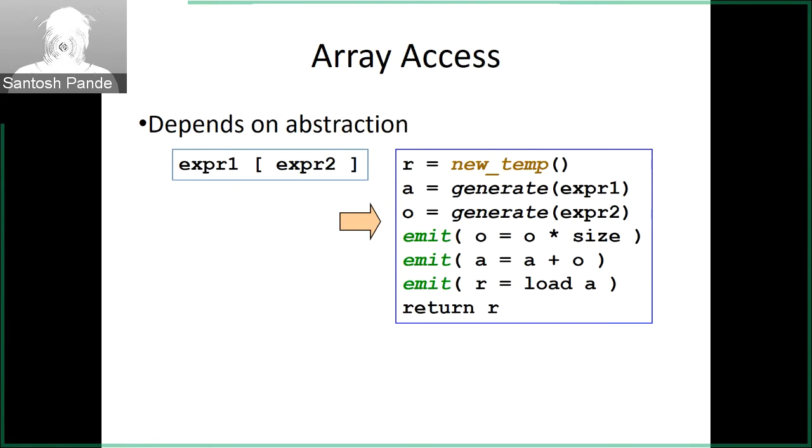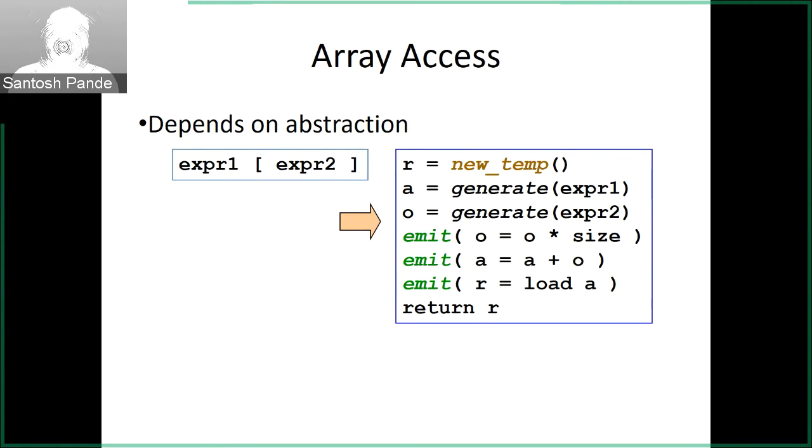And the last one you can see is really where the R value is being implemented. You're dereferencing this A, getting its value, and generating its result into R, the temporary of this particular operation, and it is being sent back up.